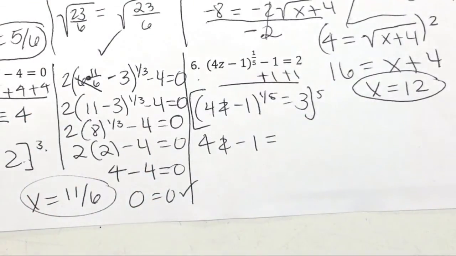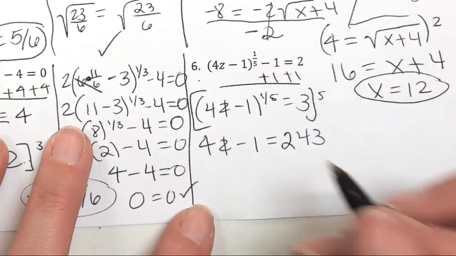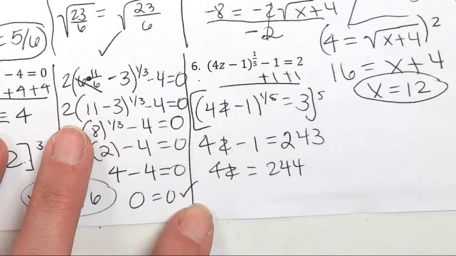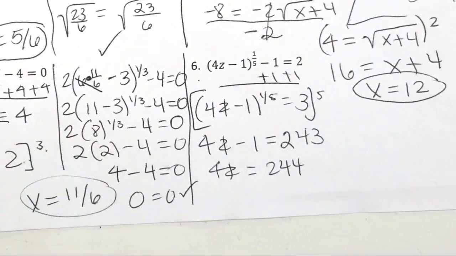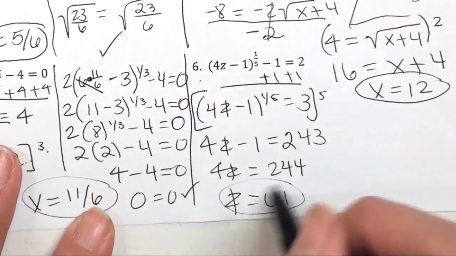And 3 to the 5th power is going to be 243. We add 1. And then from here we divide by 4. And we would get z equals 61.